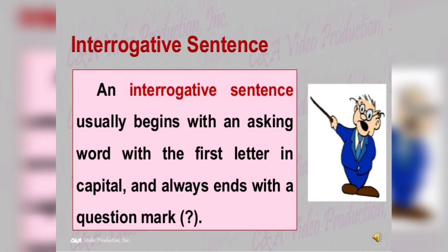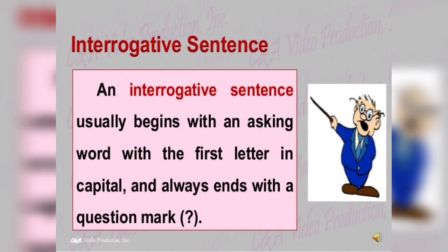So let us try to understand more about interrogative sentences. An interrogative sentence usually begins with an asking word with the first letter in capital and always ends with a question mark. That I have already told you. Correct?